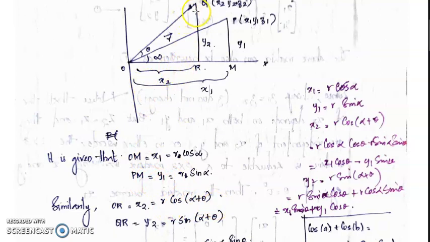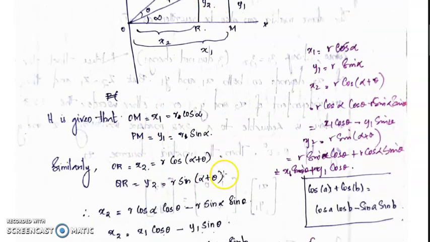And what about QR? It will be equal to y2, which is equal to r sin of alpha plus theta. And we all know that cos of alpha plus theta is equal to cos alpha cos theta minus sin alpha sin theta.